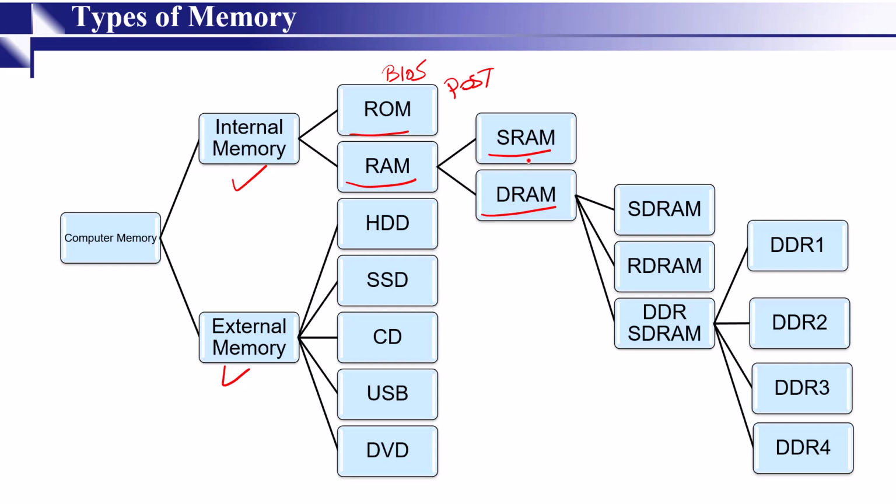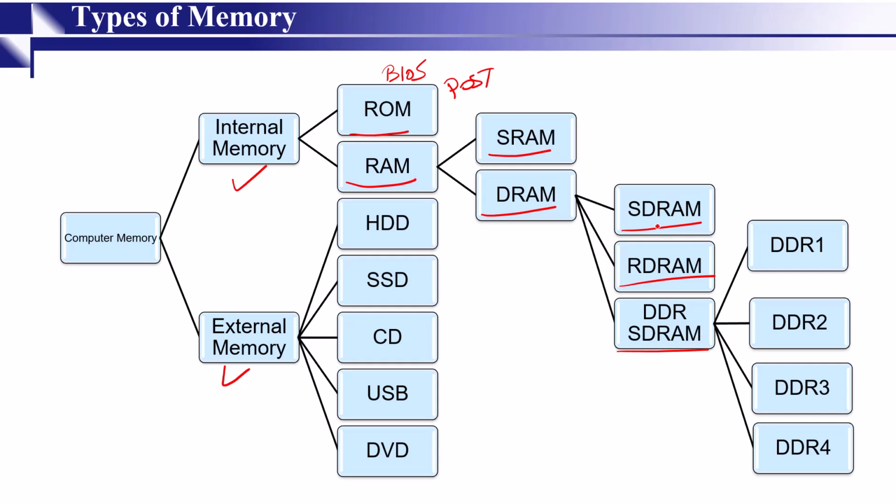SRAM is faster and more expensive, and it is used for cache memory. But DRAM is somewhat slower than SRAM, but it is more affordable, requiring frequent refreshing. So DRAM can be divided into SDRAM, RDRAM, and DDR SDRAM.